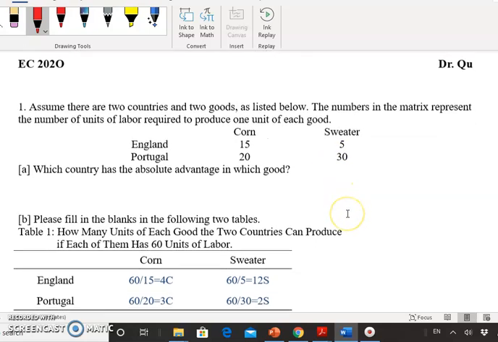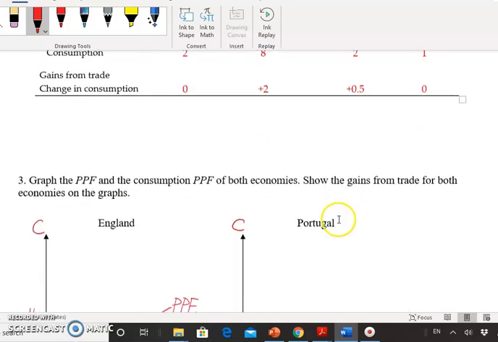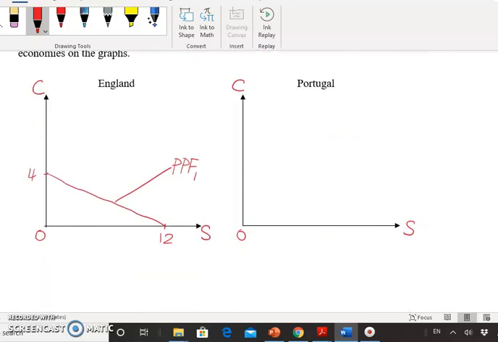So let's do 3 corn here and 2 sweaters here. Again, connect them with a straight line or a curve. So this is PPF 1 for Portugal, before trade.